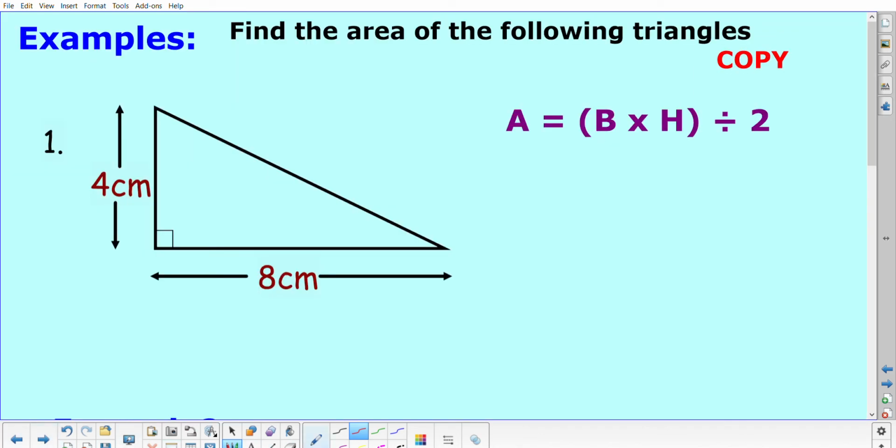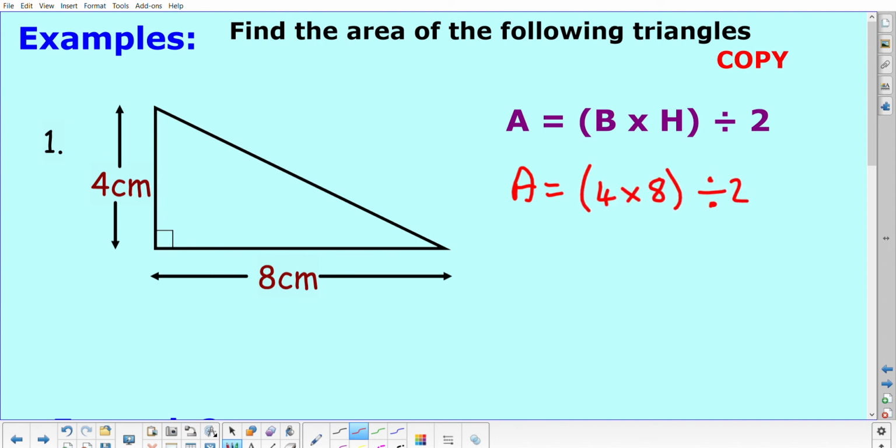So how does that work in the way that we would write our working down? This triangle here, you can see you've got 4 centimetres and 8 centimetres. If you drew a rectangle there, you'd be multiplying them together, but we've only got a triangle. You begin by making sure you write the formula down, and then you put your numbers in, and again it doesn't matter what way round you do that.